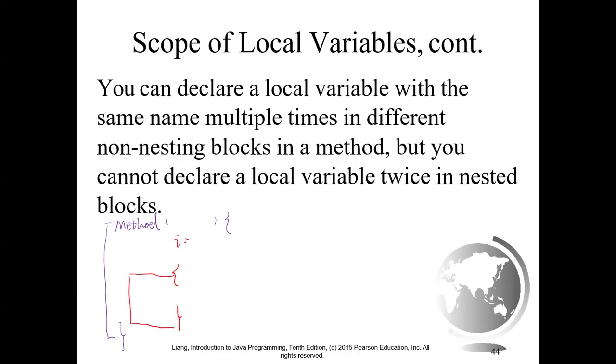Suppose I have i equals 1 here. Can I declare another i equals 3? This is not correct, because if you declare the same thing here, only this is valid and the earlier one will be replaced. However, you can always declare another i inside the red block. Suppose here is another i, which is 5. It is allowed because they are in different blocks.